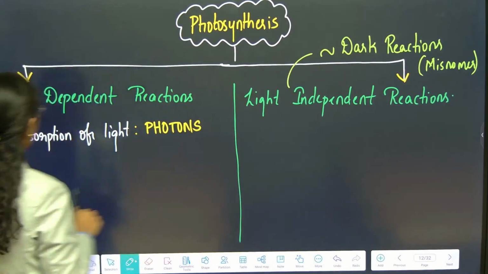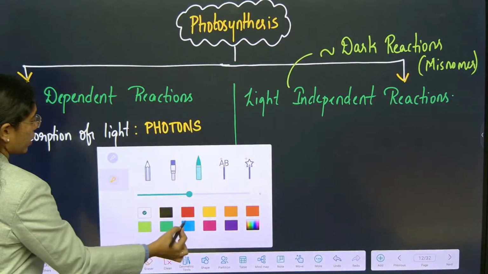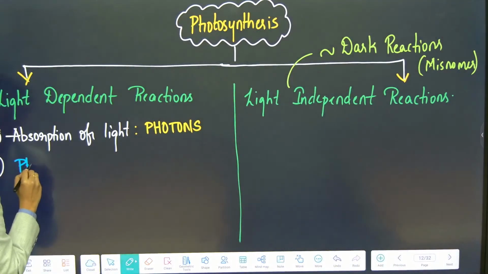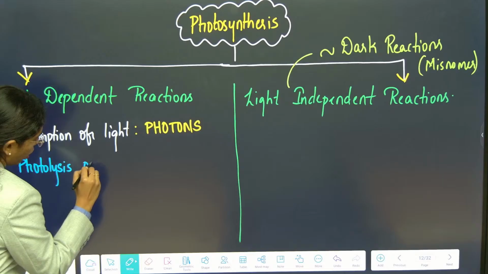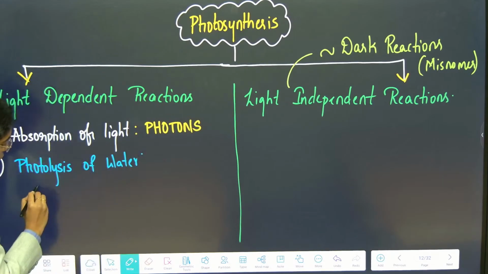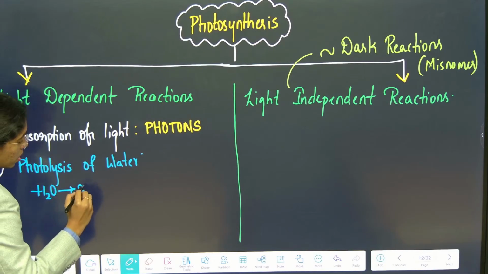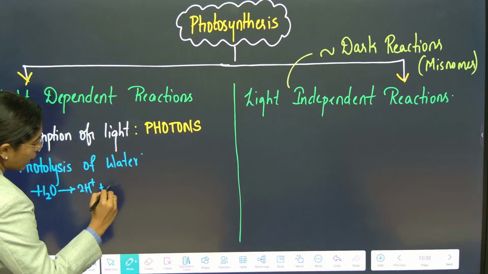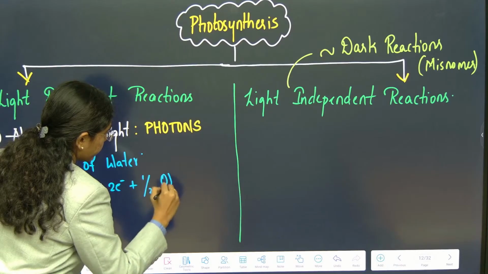Second is photolysis of water, where the water molecule is photolysed to 2 protons, 2 electrons and an oxygen atom.